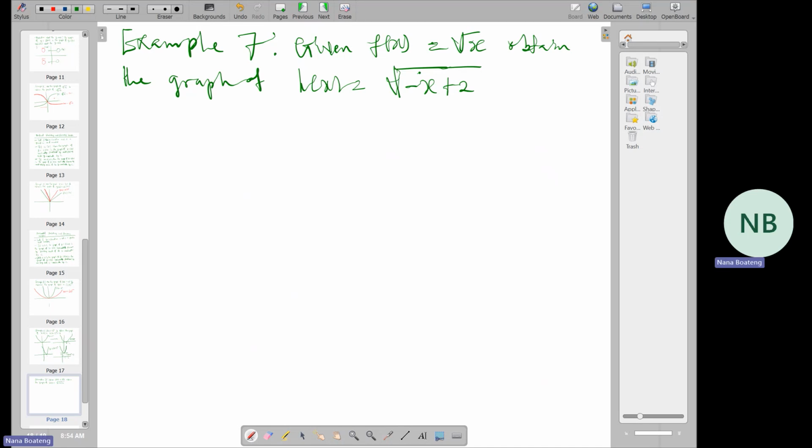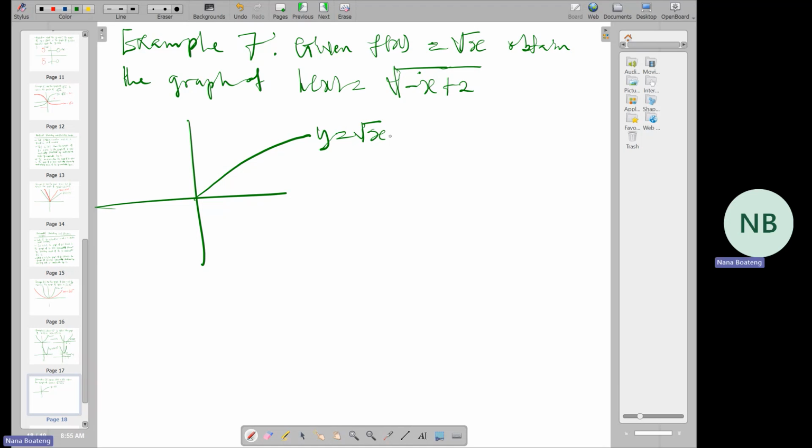All right, so originally the square root of x, y is equal to the square root of x. And so if we add 2 to it, that means it's been shifted to the left by 2.